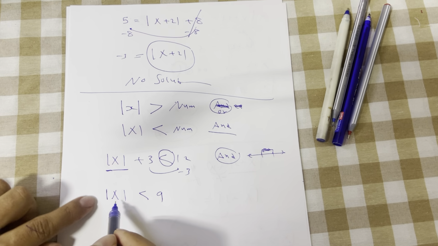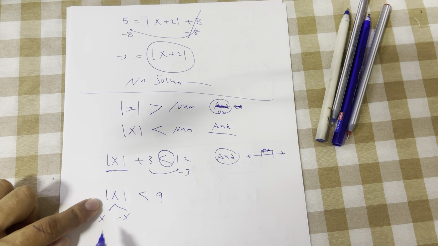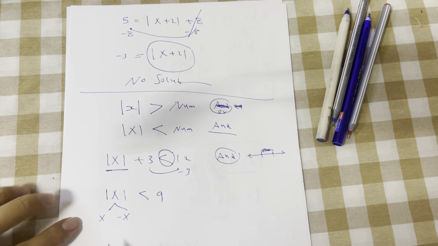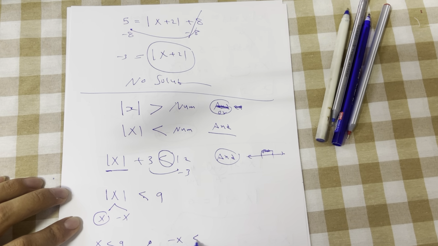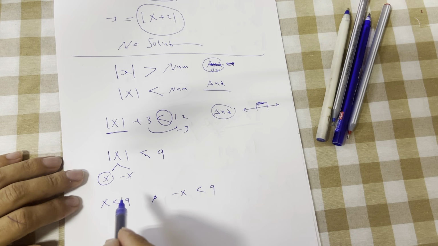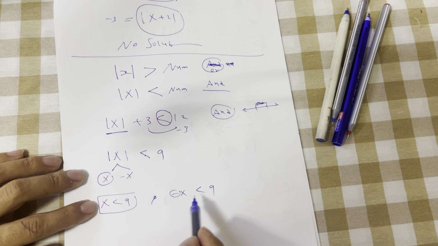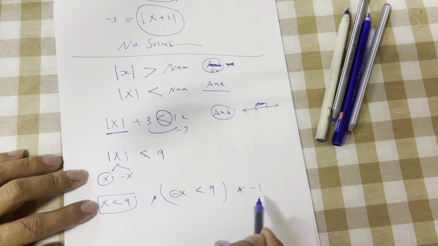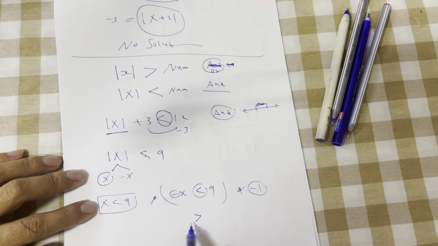Now I have to make two cases, x and negative x. x less than 9 and negative x less than 9. To remove this negative, I have to multiply by negative 1 and change the direction. It will be x greater than negative 9.